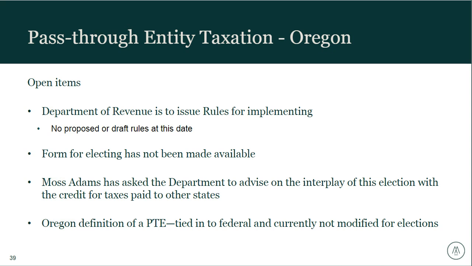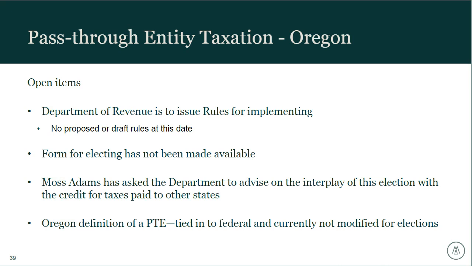And so a plain reading of this would indicate that a trust member of a pass-through entity would make that entity ineligible to make the election. That's a big open item we have here. So an S Corp, for instance, that has a grantor trust as a member, there's a potential that that S Corp could not make the election.